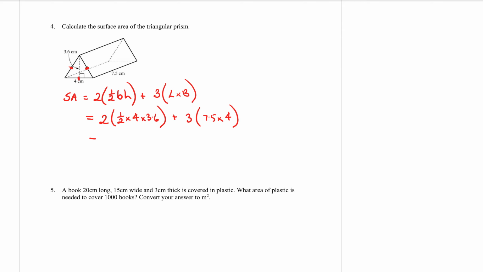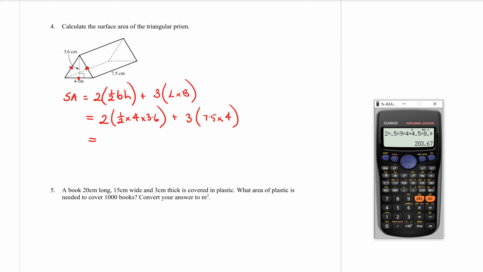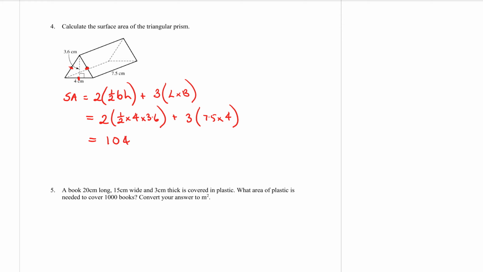All right, good. So we can just type that in. 2 times 0.5 times 4 times 3.6 plus 3 times 7.5 times 4 is 104.4 centimeters squared.